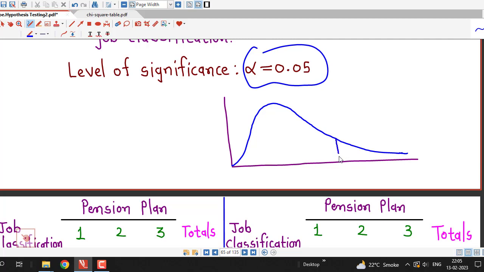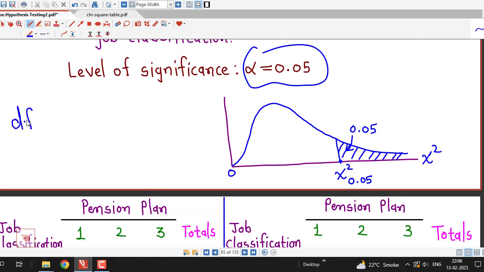Here the level of significance is 0.05. So if I consider this point as chi-square suffix 0.05, then the area to the right of this point is 0.05, and here the minimum value is 0.